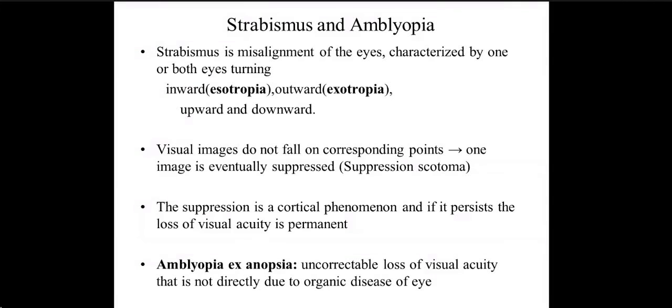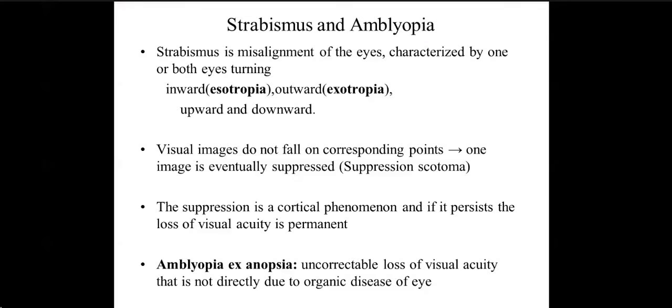So strabismus means the eyes are not straight. It is misalignment of the eye, characterized by one or both eyes turning inward, outward, upward or downward, or inward upward, inward downward, like that. In Nepali it is called squint.